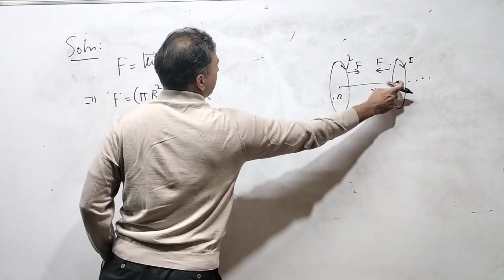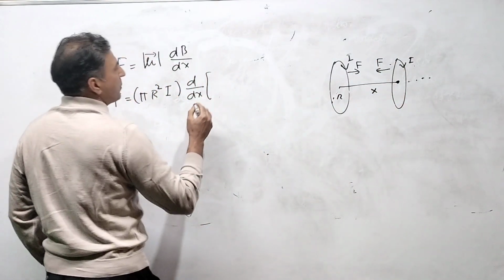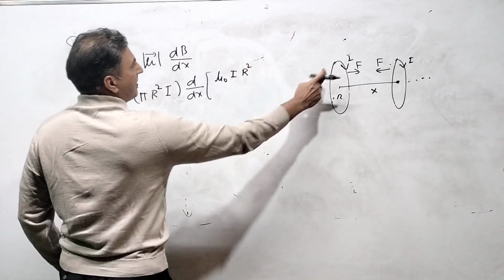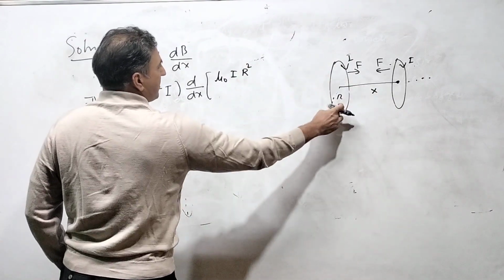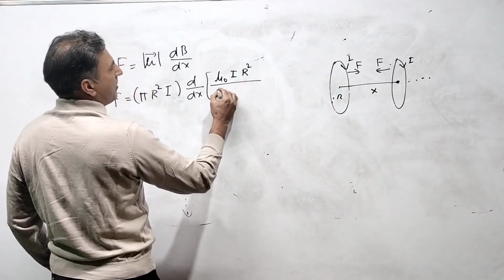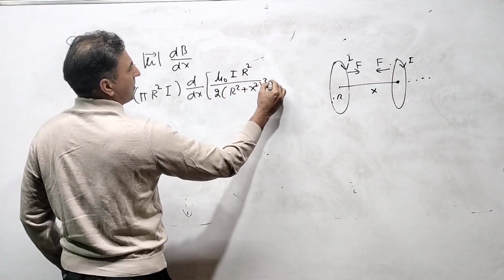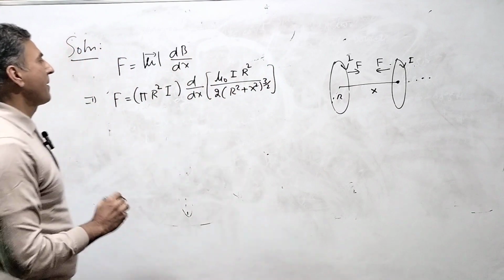What is the magnetic field produced here by this coil? इस कॉइल ने यहाँ इस कॉइल के साइड पर क्या मैग्नेटिक फील्ड प्रोड्यूस किया, दैट इज μ0 I R², इसका करंट, इसका रेडियस स्क्वायर डिवाइड बाय 2 टाइम्स (R² प्लस X²) होल रेज्ड 3/2, this one.